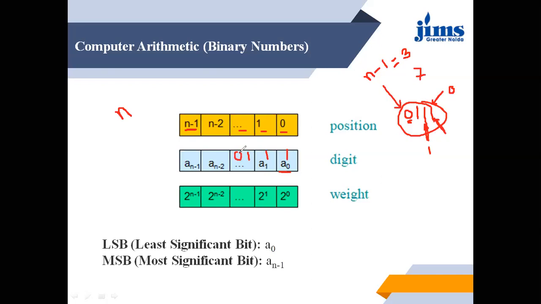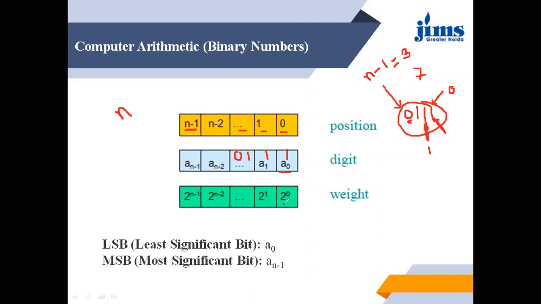And I told you that in a positional number system or weighted number system, we have to find out the value of each digit, because the value of the same digit at a different place can be different.